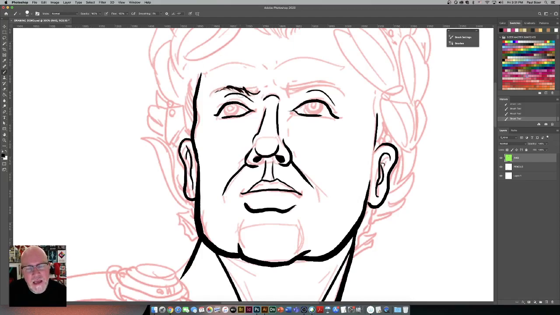You're always going to be thinking about how can I do this in the fewest amount of lines? How can I do this with an economical visual system? So again, this is that thing where the work and the information that you have as an artist informs how you think as a designer.